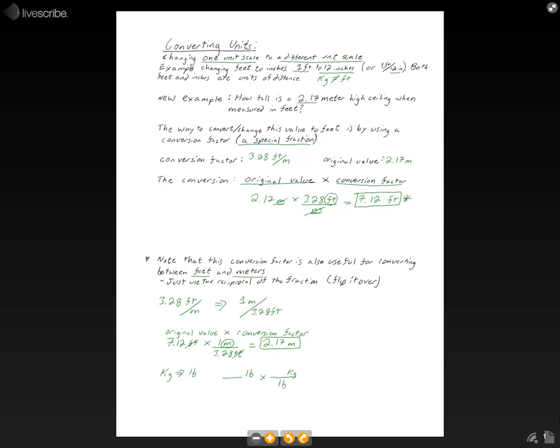So notice the original value with pounds, and then your conversion factor's denominator is also pounds. And then your numerator, the value that you want, is in kilograms. Want kilograms, already have pounds, and the resulting value will be in kilograms.